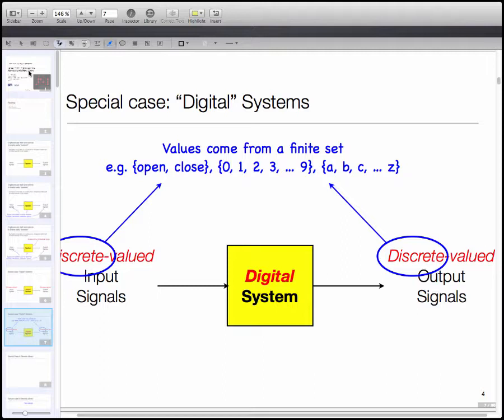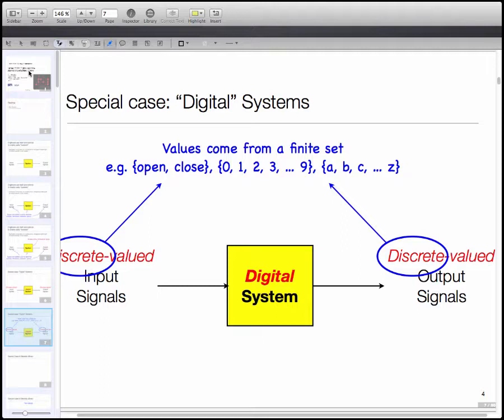I may have some other possibilities. For example, maybe the input is a set of words drawn from a dictionary, and the output is those words in sorted order.